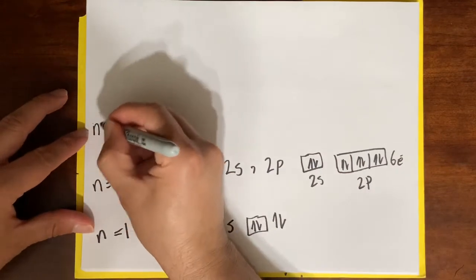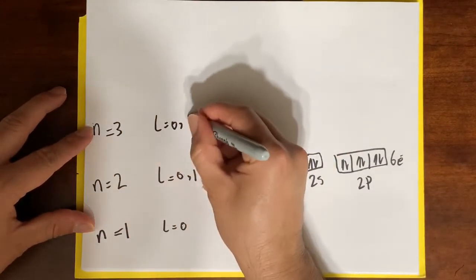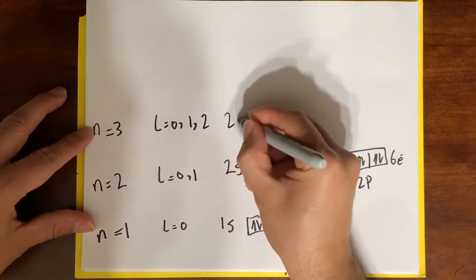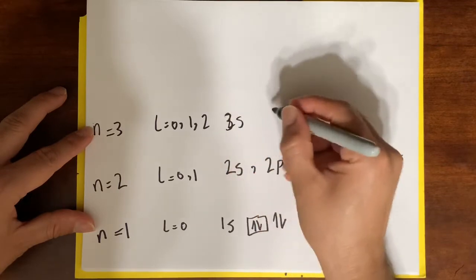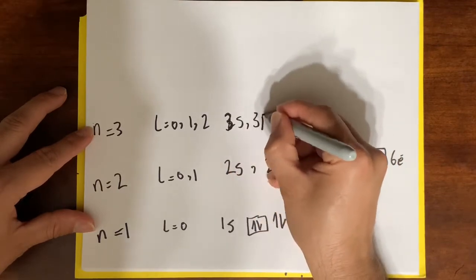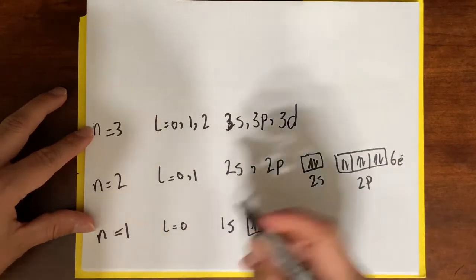When n is equal to 3, we have l equal 0, 1, and 2. That means 3s, 3p, and a new orbital, which is 3d.